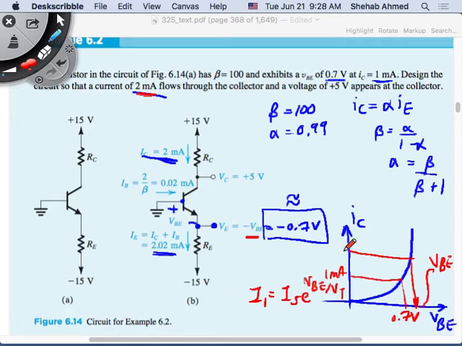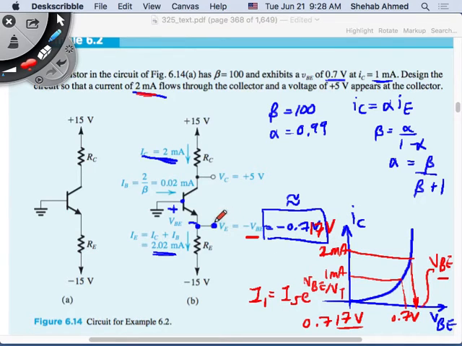We have current 1, current 2, and voltage 1, so we're going to find this voltage 2, VBE. In this case, VBE was calculated to be 0.717 volts. Instead of 0.7, it's 0.717 volts, right?